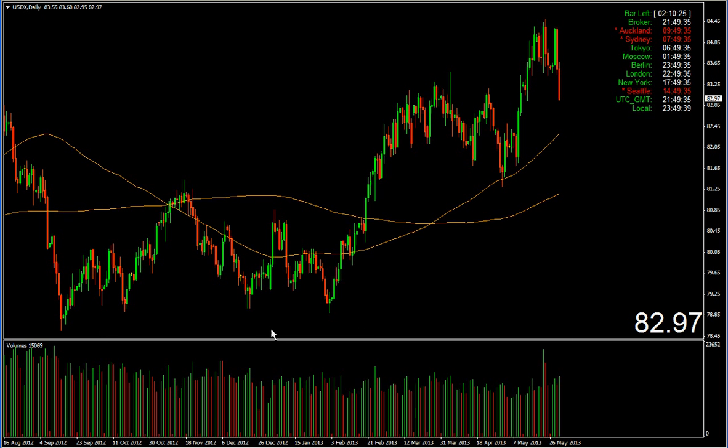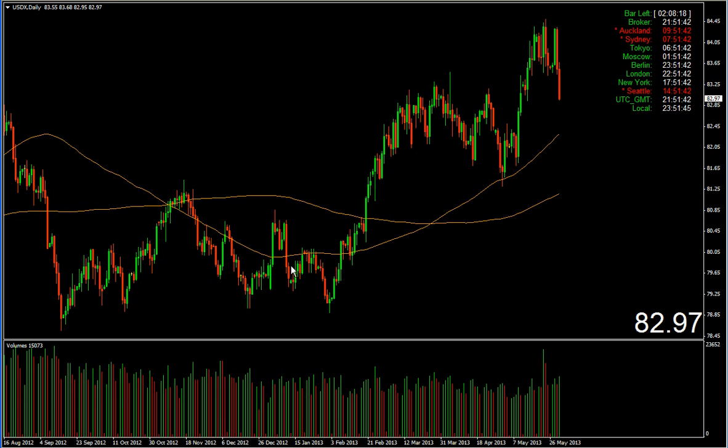Also from the technical point of view, here we see the 100 and 200 SMA, and we see one time the cross, the short cross, and then we've got pressure throughout October, November, December, January, February, and then here the cross also in March, and then we came a little bit down and got the support of the 100 SMA.